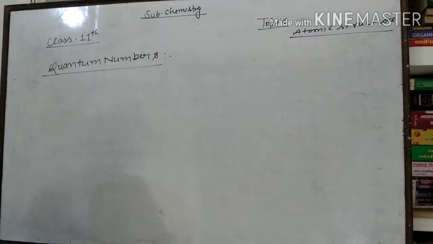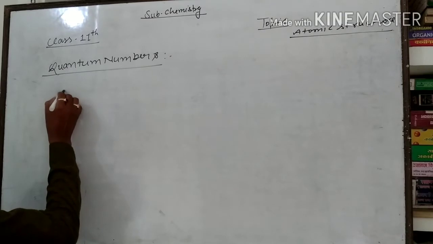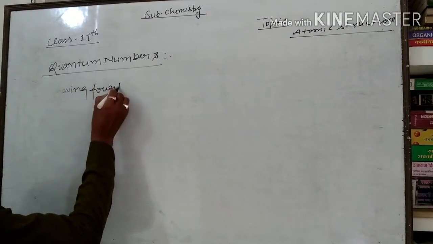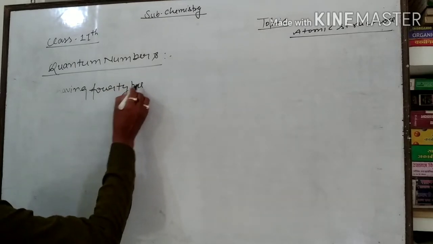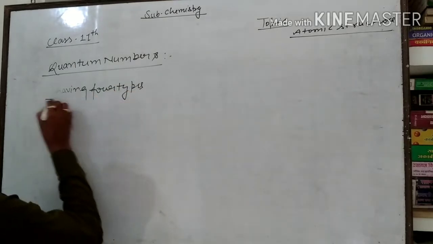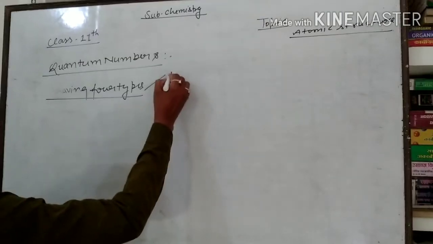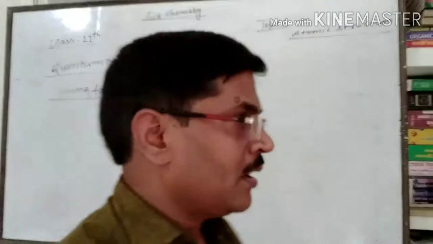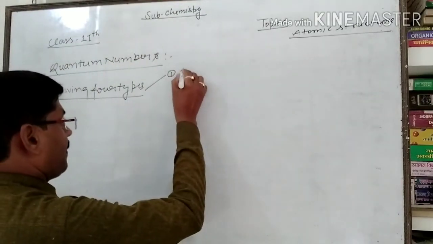Quantum numbers have 4 types. First one is the principal quantum number.